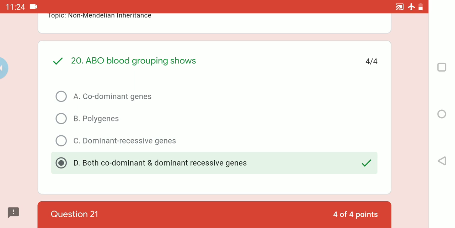Yes? I to the power of A and I to the power of B are codominant, while I to the power of A and I to the power of B are dominant over small i. So that means small i is a recessive gene. So we can easily tell that they contain both codominant and dominant-recessive genes.